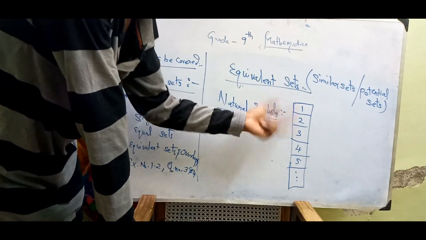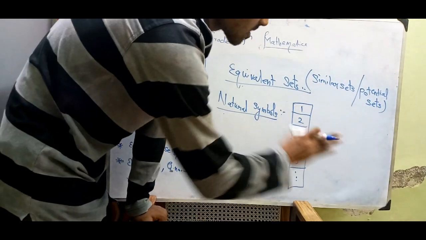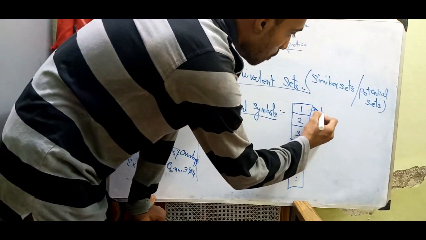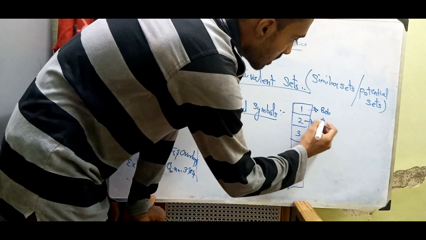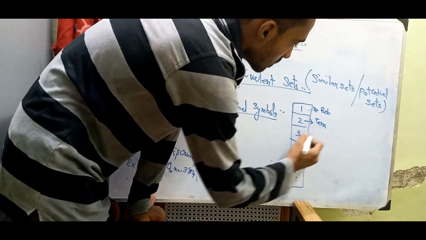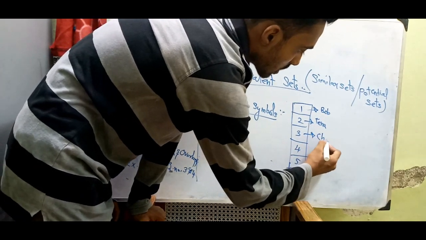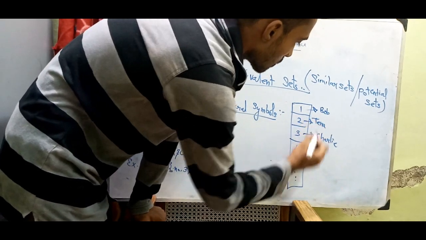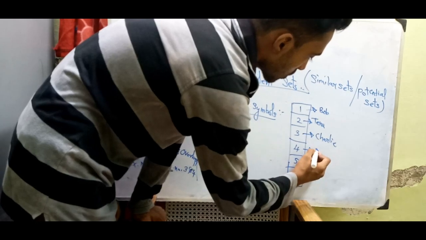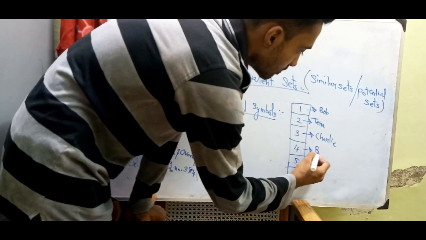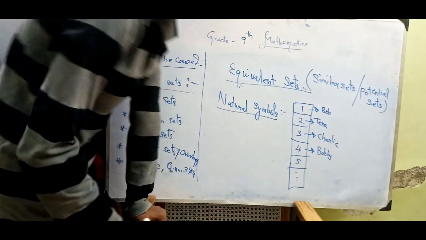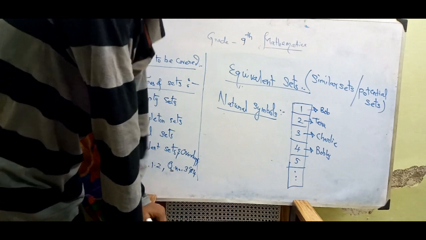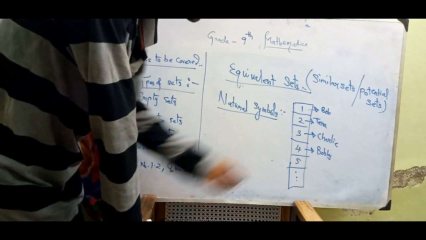It is given by some other people. This is just listed like 1 is Bob, 2 is Tina, 3 is Charlie, 4 is some kind of Bobby, something.